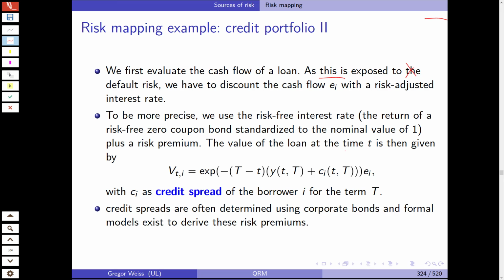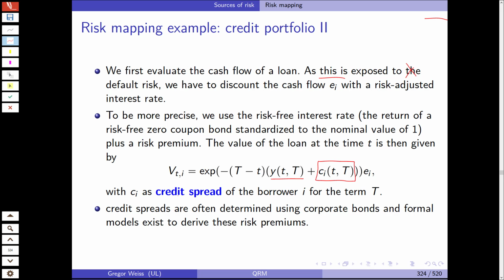So the value of the loan is basically the same as in the case of a bond. However, we need to use the yield, the risk-free yield, plus an individual loan-specific credit spread. It's a credit spread because it is a risk premium on top of the risk-free rate or risk-free yield for bearing default risk. So with Y, the risk-free yield, and CI, the firm-specific or borrower-specific credit spreads.